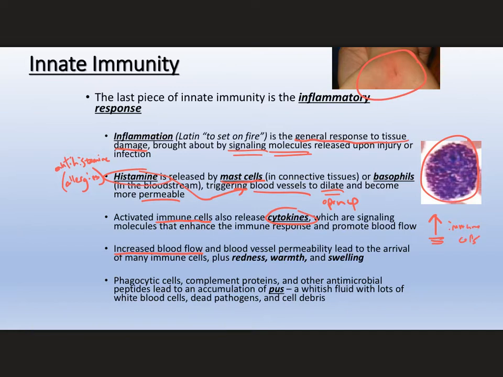Now, you get all these immune cells showing up, you've got increased blood flow, you've got increased fluid, so you get redness, warmth, and swelling. And so what happens is, you bring on these phagocytic cells, which can eat any kind of invaders that might be in there. You make these other things, like we mentioned, the complement protein in the case of humans. And this all leads to this accumulation of pus, a whitish fluid that is sort of evidence that your immune system is working.